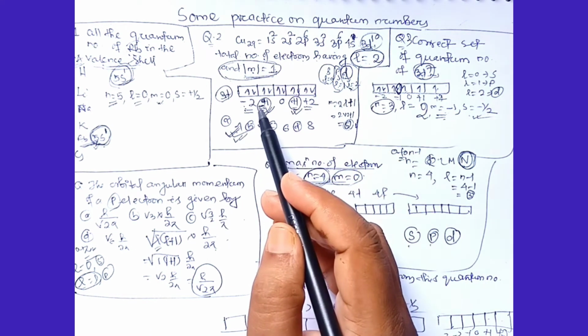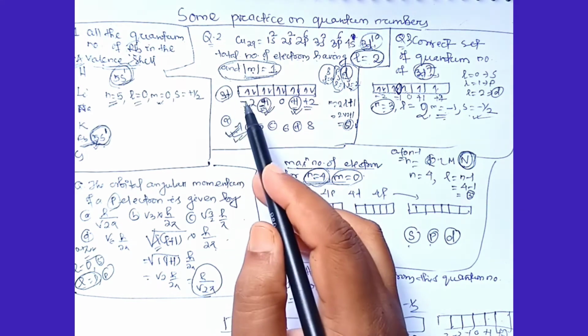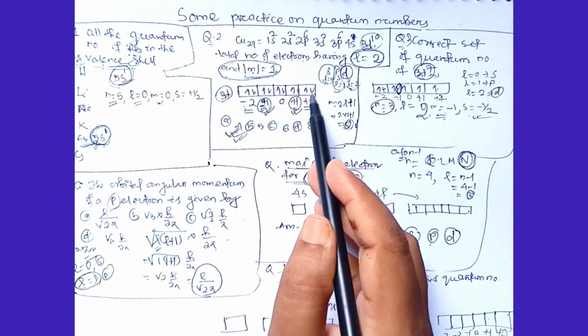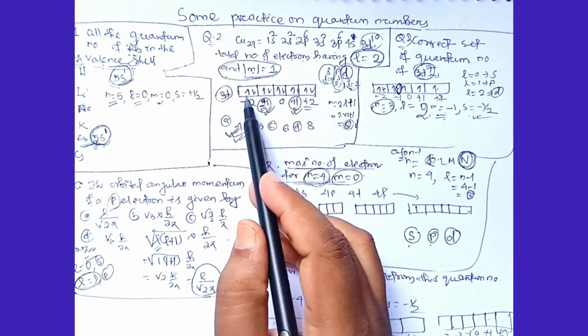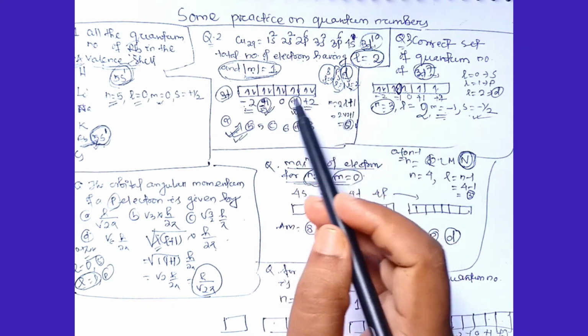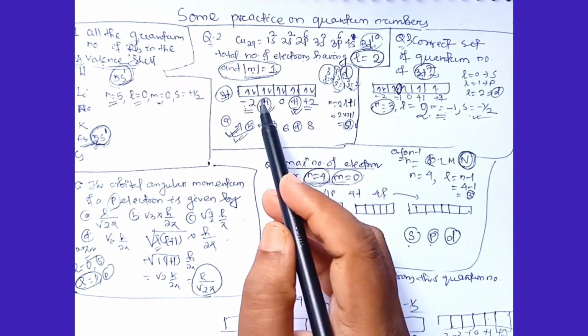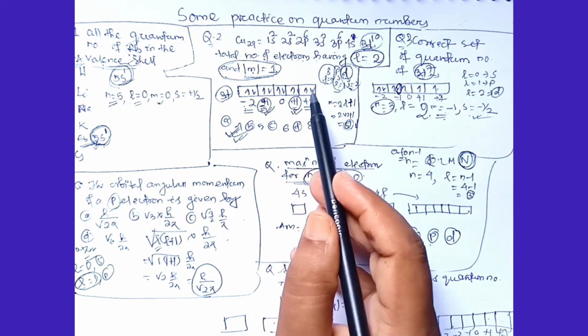There are 5 orbitals: dxy, dyz, dzx, dx square minus y square, dz square. Now in these 5 orbitals, we have to accommodate 10 electrons.